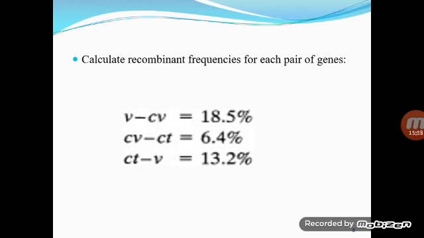Look here, V, CV, recombination frequency is 18.5%. CV, CT, recombination frequency is 6.4%. CT, CV, recombination frequency is 13.2%. These recombination frequencies were already discussed in the previous lecture, but we will use this data for the interference study.